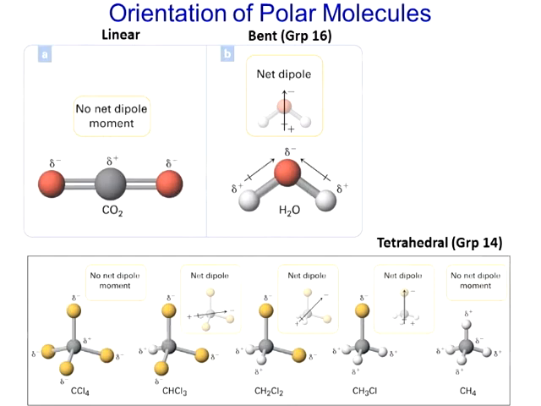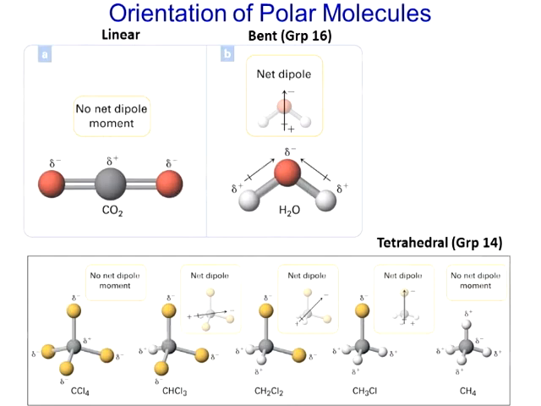If we take a look at a tetrahedral, we have different dipole moment directions depending on the atoms attached to the central atom. And we show you that in, for example, carbon tetrachloride. In this case, it has 4 equal pulls of chlorine atoms, and that cancels the dipole.